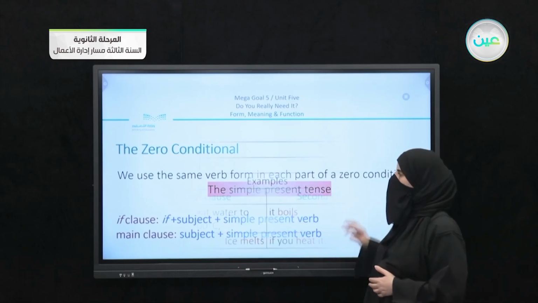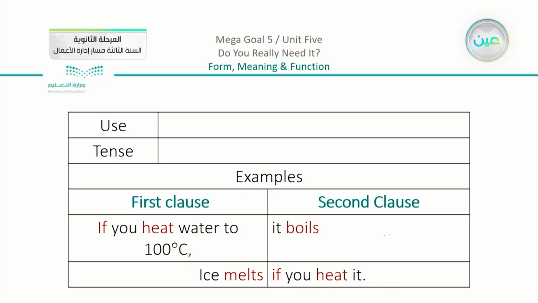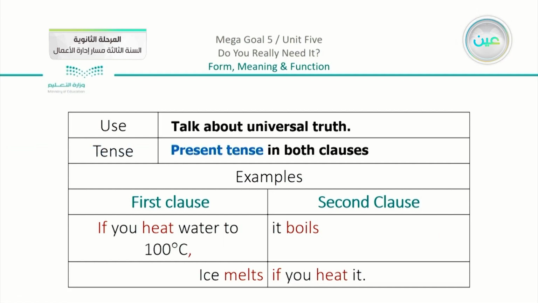So just to make it very clear here, we are talking about universal truths or facts in general. We are using the present tense in both clauses, both parts. We have here the examples. The first one: if you heat water to 100 degrees centigrade, it boils.